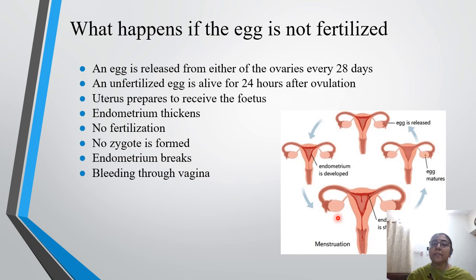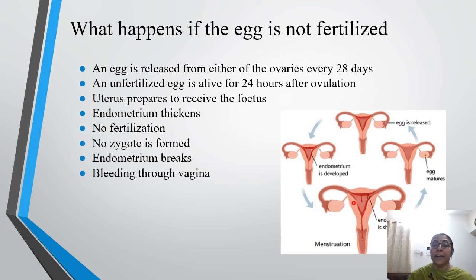Once the egg has been released and happens to get fertilized, the embedding and all those processes we will come to later. If that does not happen, what will happen? From the fallopian tube, the egg moves into the uterus, and no developmental process takes place inside.